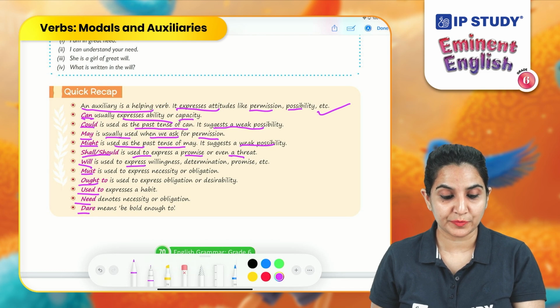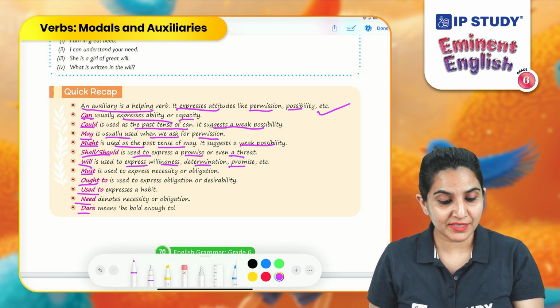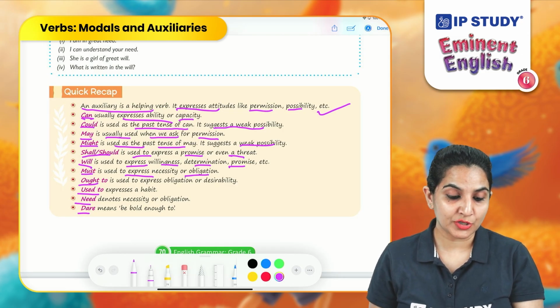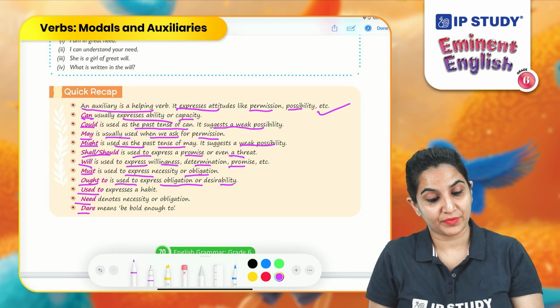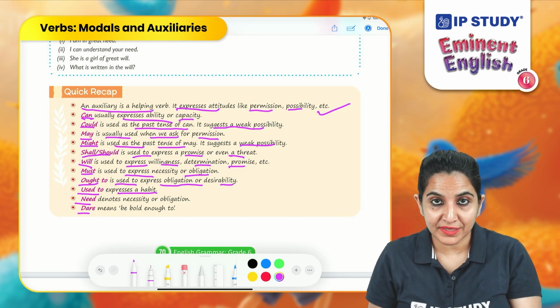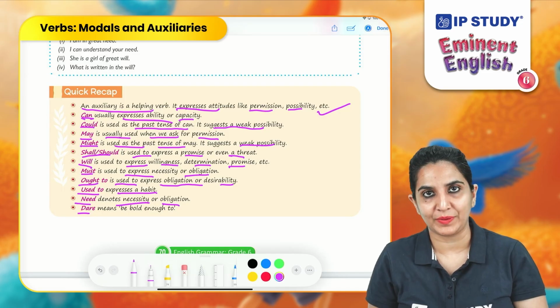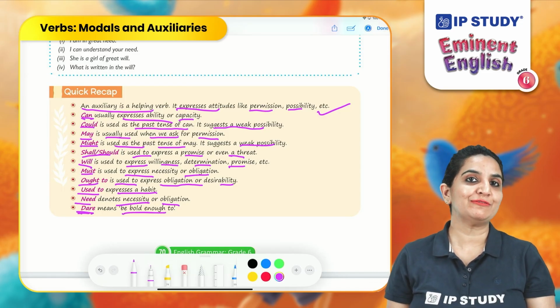Will is used to express willingness, determination, and promise. Must is used to express necessity and obligation, and ought to is used to express obligation or desirability. Used to expresses a habit, whereas need denotes necessity or obligation, and dare means be bold enough to.